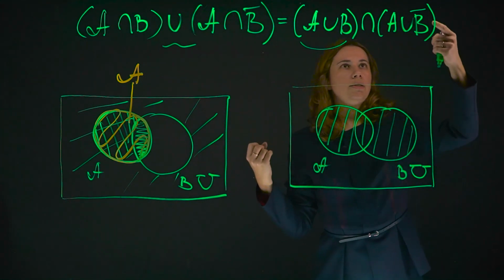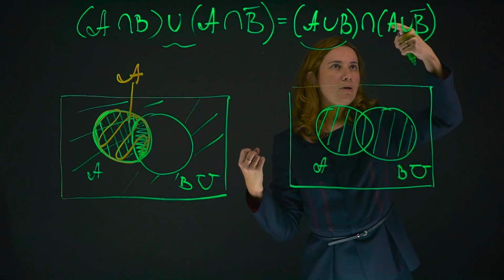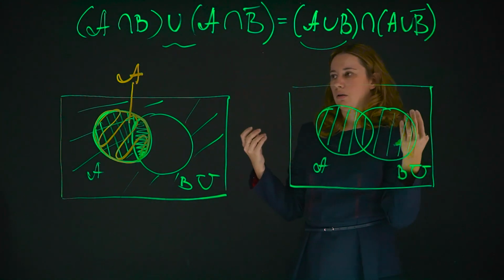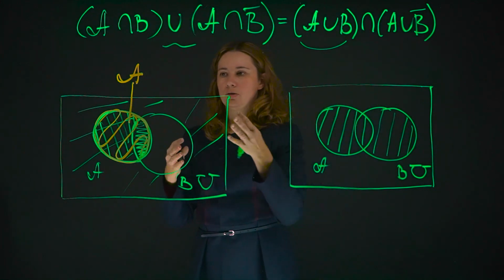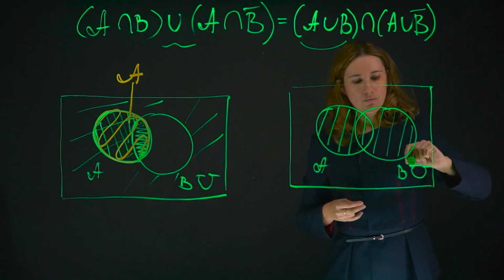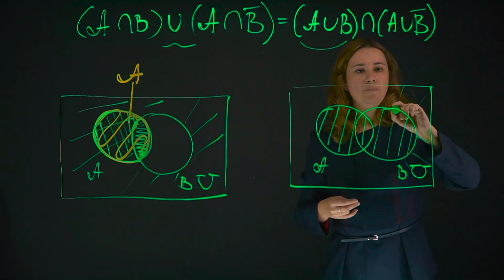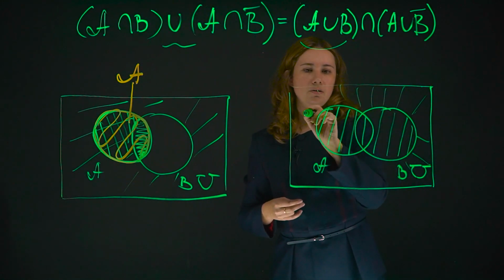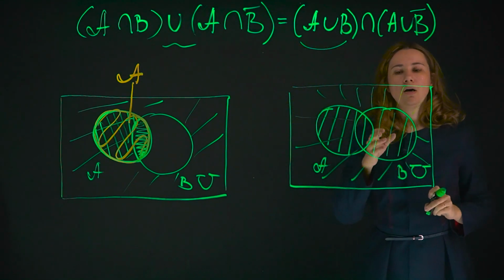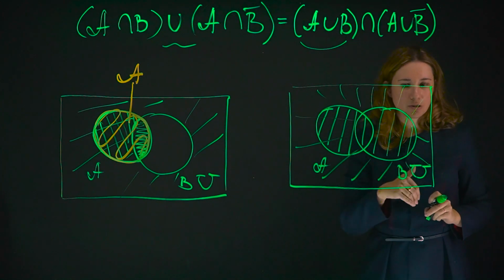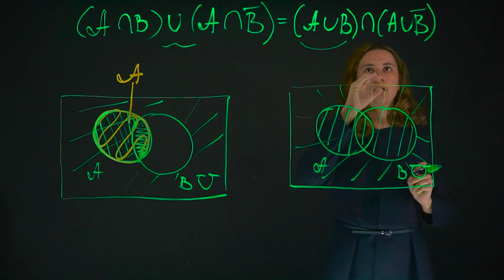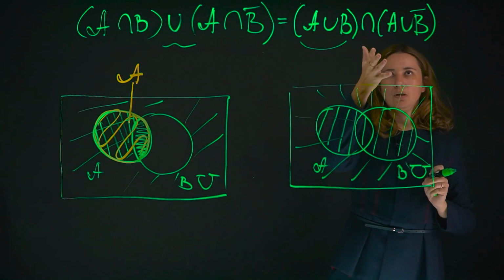Well, now let's consider this operation, A union not B. Well, we got this set not B. Not B is a set of elements that are in U, but not in B. Well, now we need to take the union, yeah?